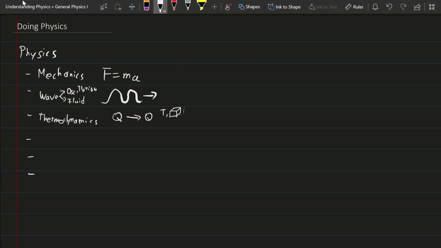The next one we will talk about is electromagnetism, which will be on General Physics 2. Electromagnetism talks about why there is an electric field and a magnetic field.